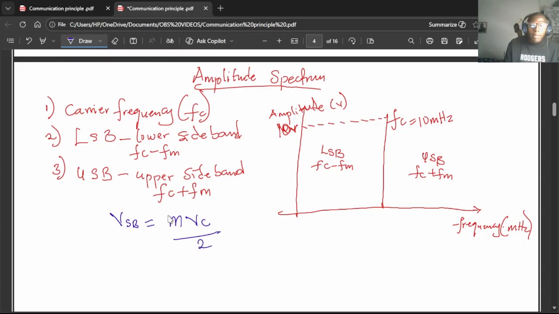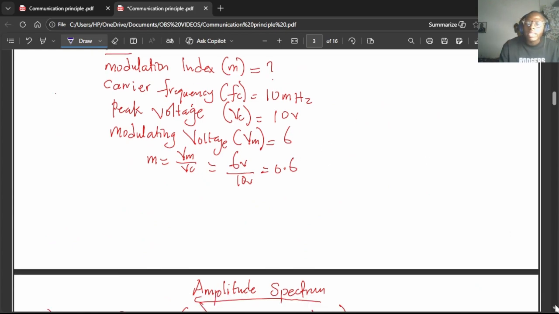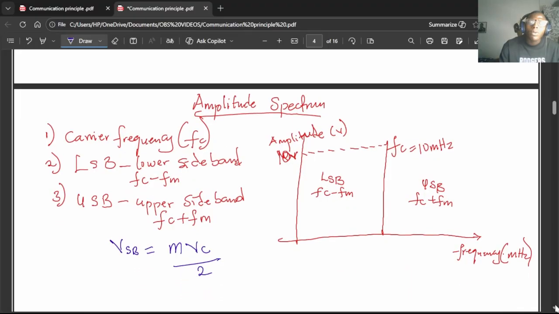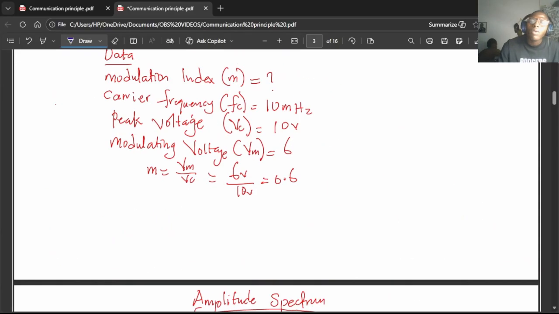Now, what is your M here? Your M here is your modulation index, and we've calculated the modulation index. We said our modulation index was given to be 0.6. So you take your modulation index back to your equation for VSB, which is voltage sideband. Your VSB will be equal to 0.6 multiplied by VC. They gave us VC in the question.